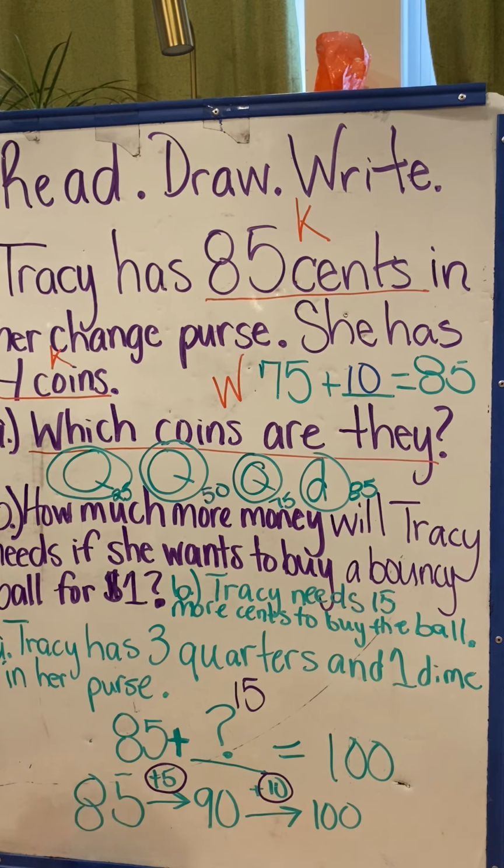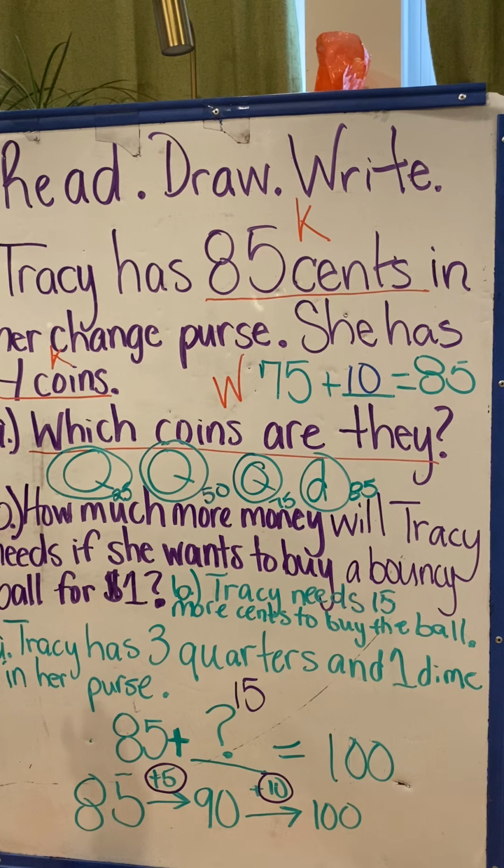And if you want to go into more detail, maybe you can tell Tracy what coins she can use to make 15 cents. A dime and a nickel, 3 nickels, 15 pennies, a dime and 5 pennies, 2 nickels and 5 pennies. It varies. We have now completed all components of our read, draw, write problem.